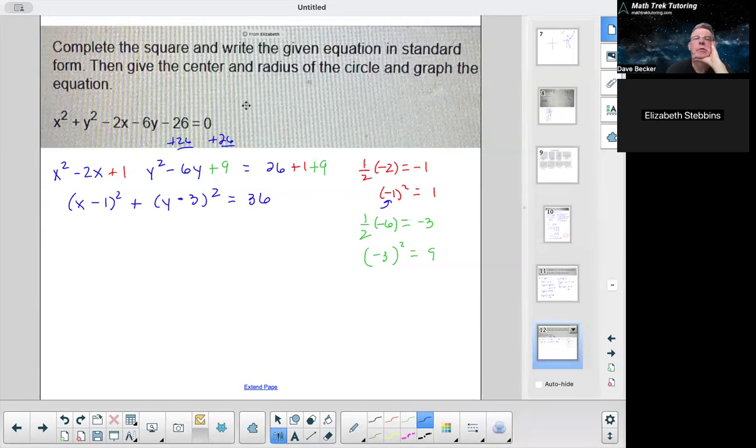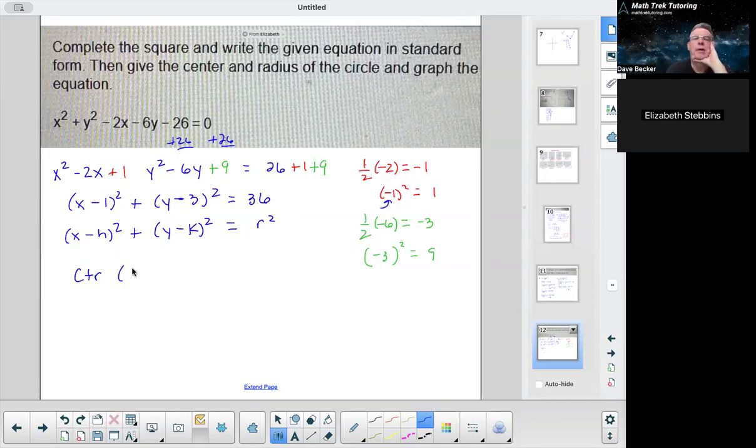And so the general equation for a circle is x minus h squared plus y minus k squared equals the radius squared. Meaning the center would be, remember it's minus, so it's opposite of whatever the sign is there.